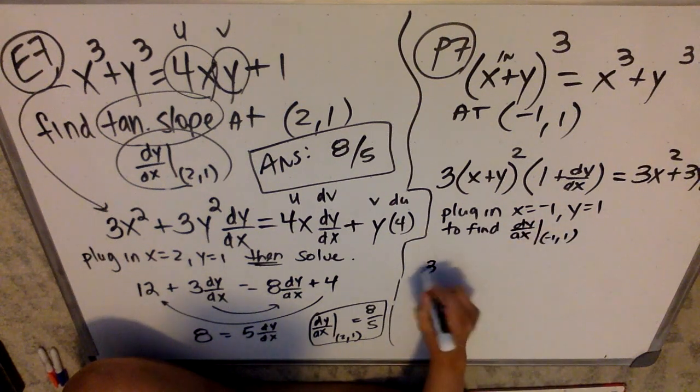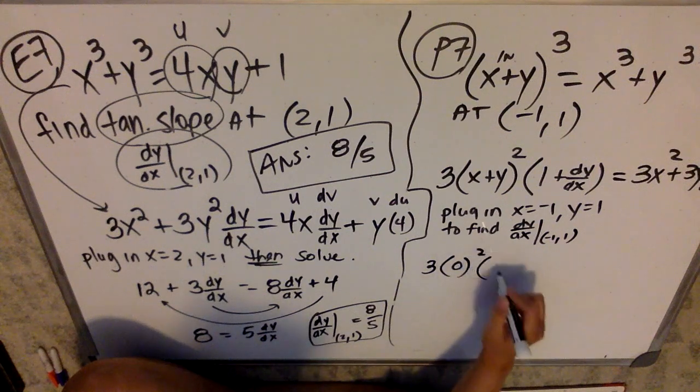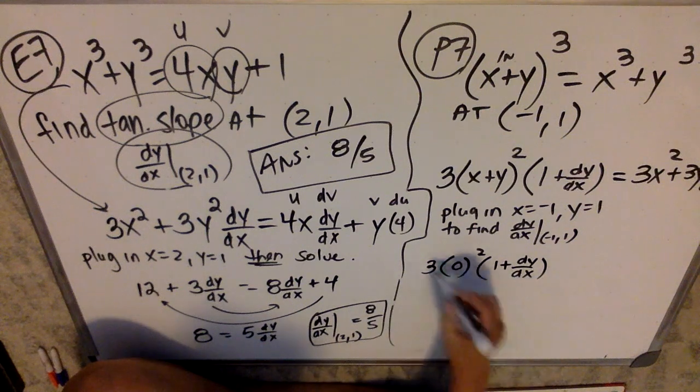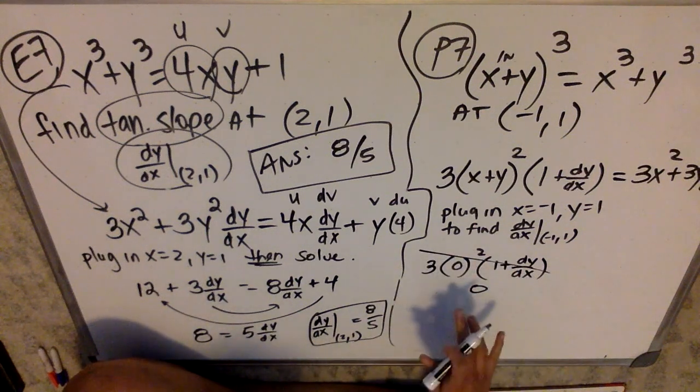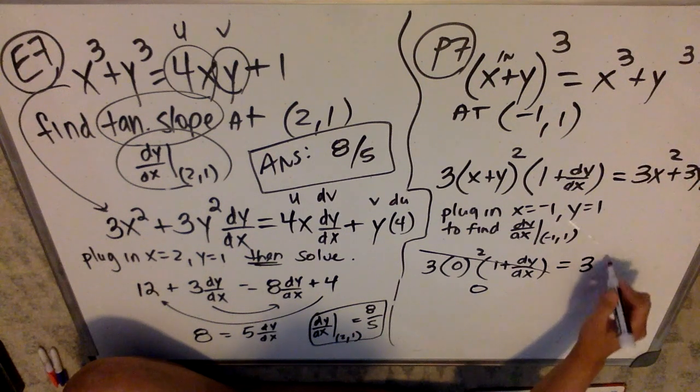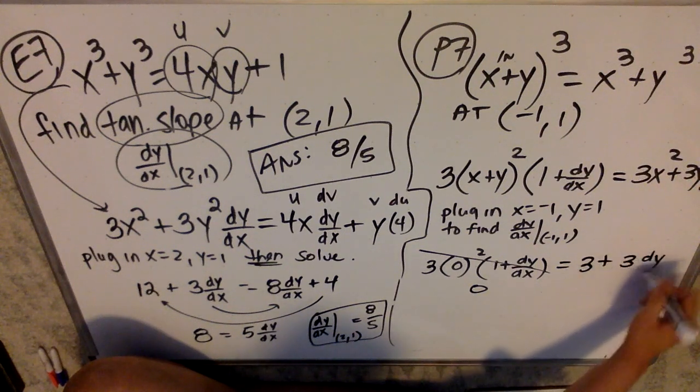When I do that, I'm going to get a 3 times a 0 squared times 1 plus dy dx. That's going to knock out this entire side. This whole side is going to be 0 because it's 3 times 0 times a bunch of stuff, equals a +3 plus a 3 dy dx.